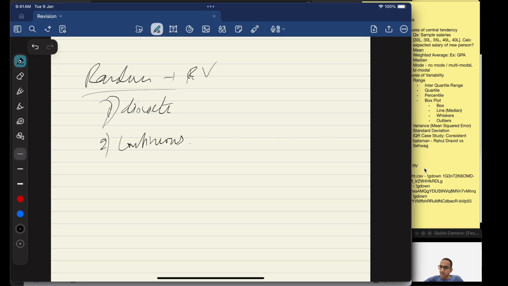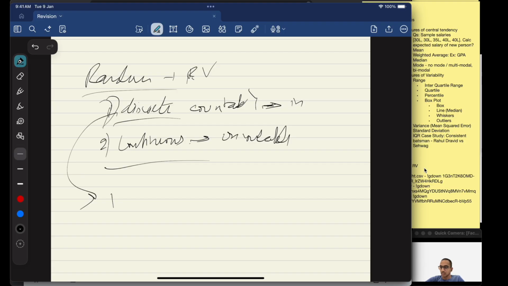So discrete is something like, the best example is coin toss. Discrete means countable. Continuous means uncountable. Like you will have infinities between any two numbers. So discrete random variables are integer based. Like you will know what is the next number. Suppose if I take 1, what is the next number? It's 2.